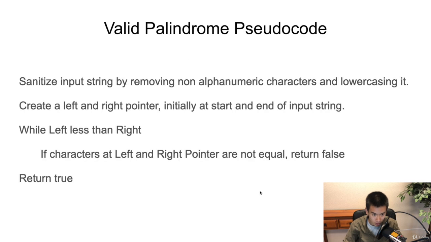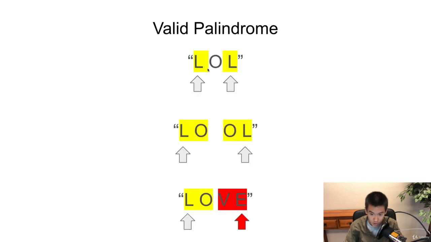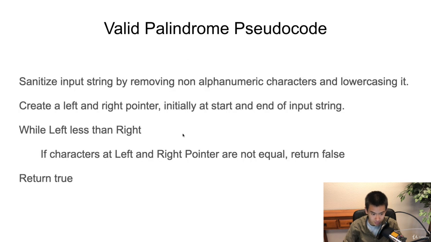So here's the pseudocode. We want to first sanitize the input string by removing all non-alphanumeric characters and lowercasing it to get that case insensitivity. Create a left and right pointer that initially are at the start and end of the input string, while left is less than right. What's great about this code is this while left is less than right will work for both odd or even lettered strings.